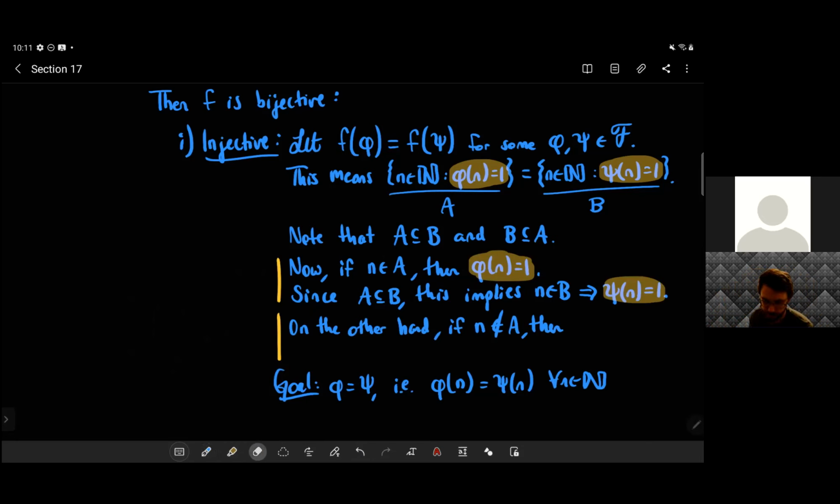Well, if n is not in A, that means phi of n is not equal to 1. But what's our only option then? These functions map onto a very restricted codomain. It either outputs 0 or it outputs 1. If I'm saying it can't be equal to 1, it must be equal to 0.